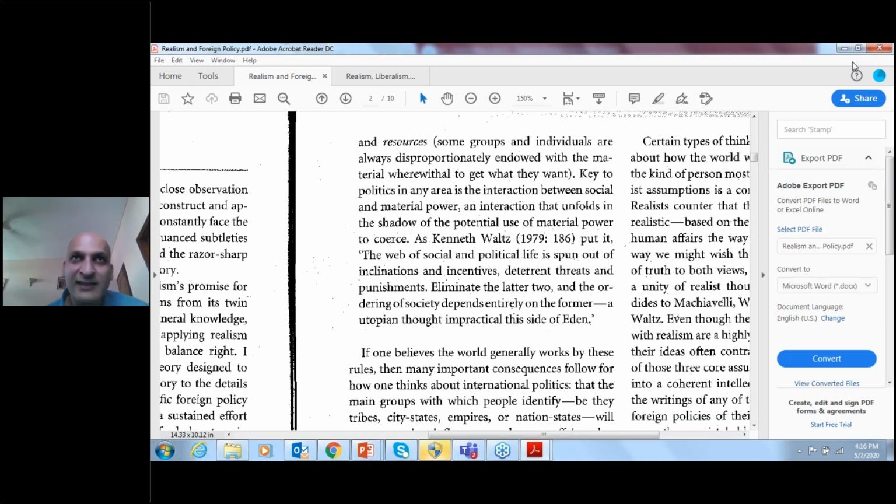So Kenneth Waltz says that since there is no world government, there is a general, what he terms global anarchy. Therefore, there is each state to itself. So what will states do? Stronger states will try to build up large armies. When they do this, they create a situation called the security dilemma.